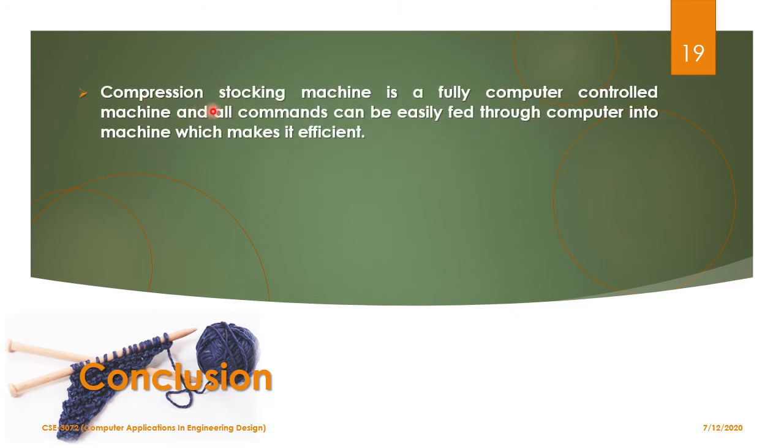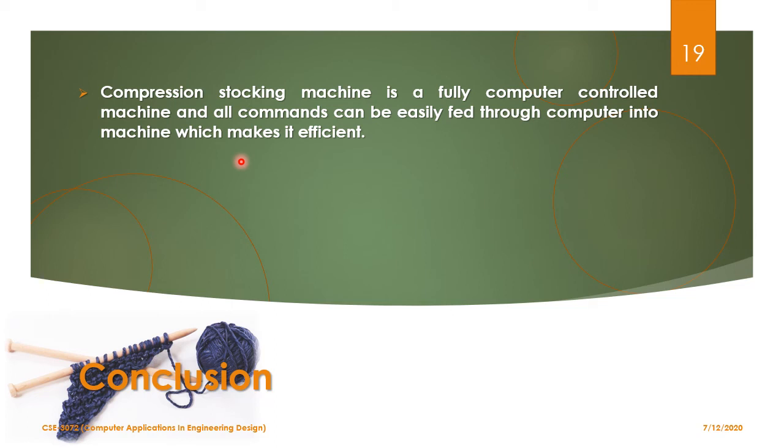Conclusion. Compression stocking machine is a fully computer controlled machine and all the commands can be easily fed through computer into the machine, which makes it efficient, and it is a plus point that we can change the machine parameters at our fingertips just in seconds due to the computer involved in the operation.